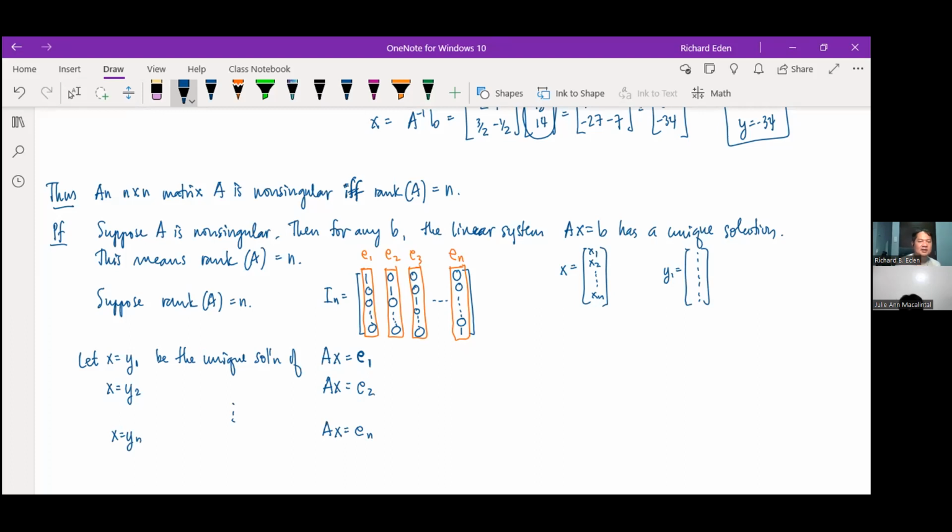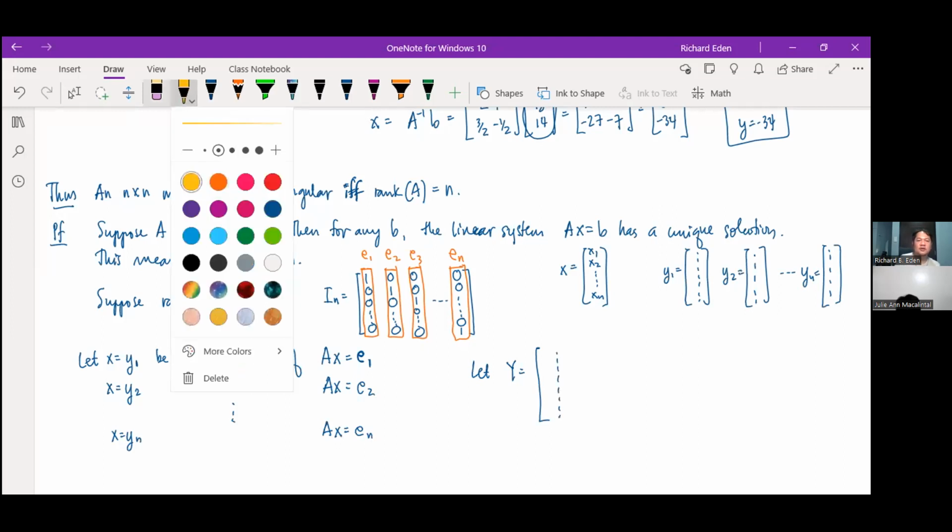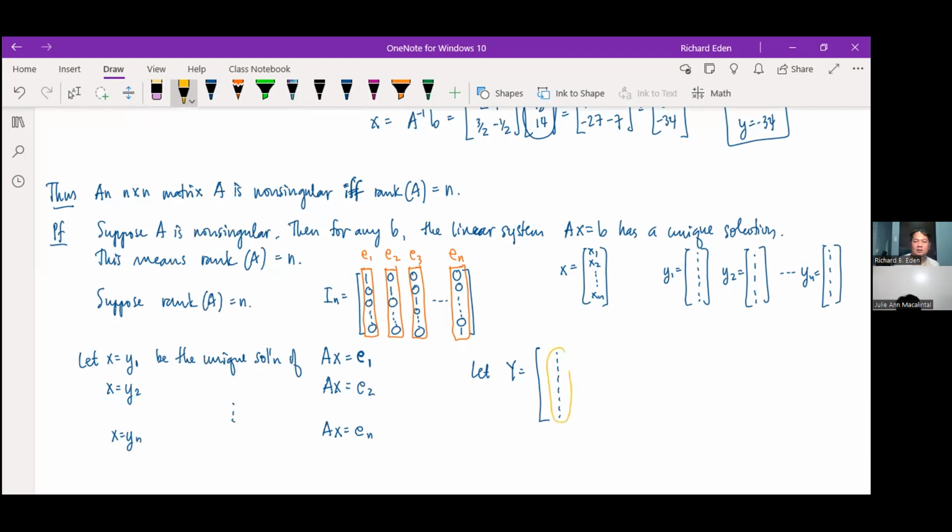Y sub 1 is a column vector, Y sub 2 is also a column vector, until Y sub N, also a column vector. What we're going to do now is let Y be the following matrix. The first column would be Y sub 1, the solution we got from the first linear system.